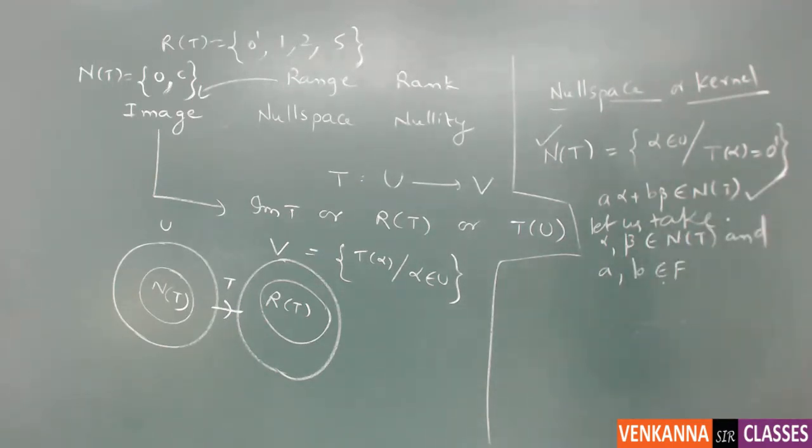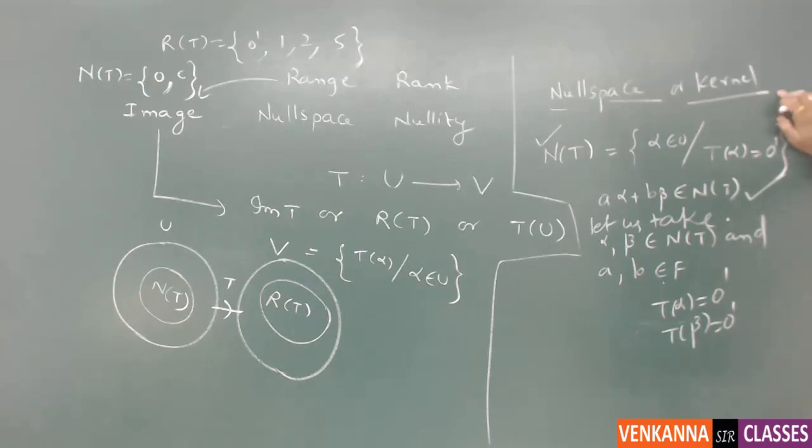Now what happens? Since alpha, beta belong to N of T, as per the definition of N of T, you have T of alpha equal to 0 dash and T of beta equal to 0 dash. What is the condition for this kernel? If you want to say that X belongs to the null space, the condition is that T of X must be 0, because an element will belong to N of T if and only if its T image is 0.